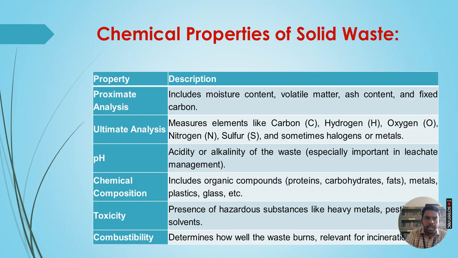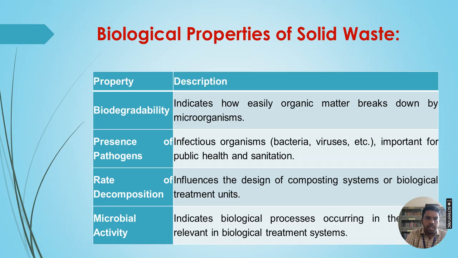These are the chemical properties, like pH and chemical composition, and the biological properties: biodegradability, presence of pathogens, rate of decomposition, and microbial activity. Biodegradable means the solid waste easily contains organic matter that can be broken down by microorganisms.